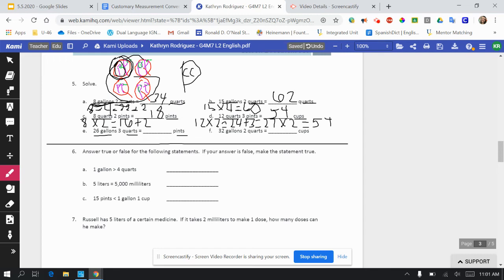All right, 1 gallon equals 4 quarts. So I'm going to say 26 times 4 equals 104. I'm not finished yet changing it into quarts because I need to add these together. So 107. So this is 107.